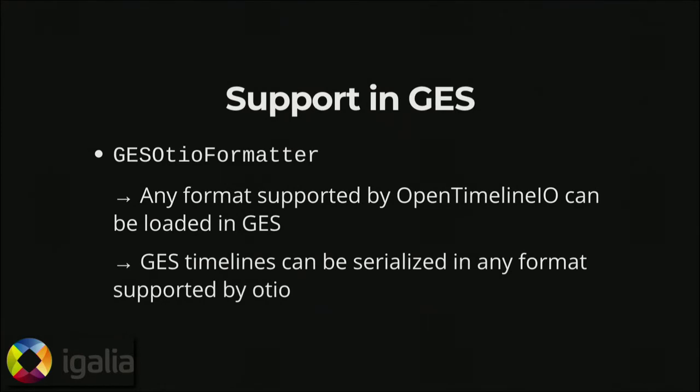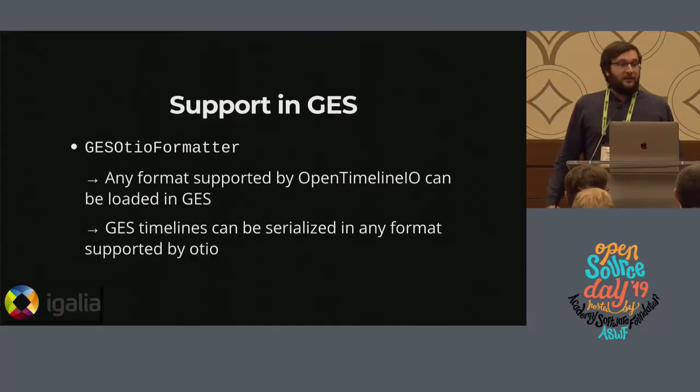And on top of that, we wanted to have native support inside the GStreamer editing services for the OpenTimelineIO format. So we implemented an OTIO formatter, which means that you can load any file supported by OTIO or an OTIO file itself inside GStreamer editing services and play back the timeline as with native XGS format.